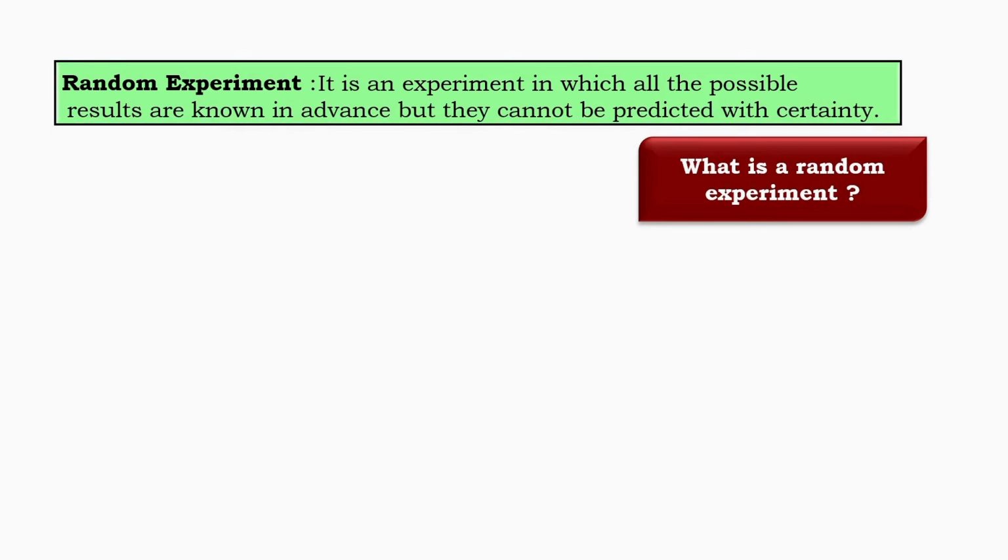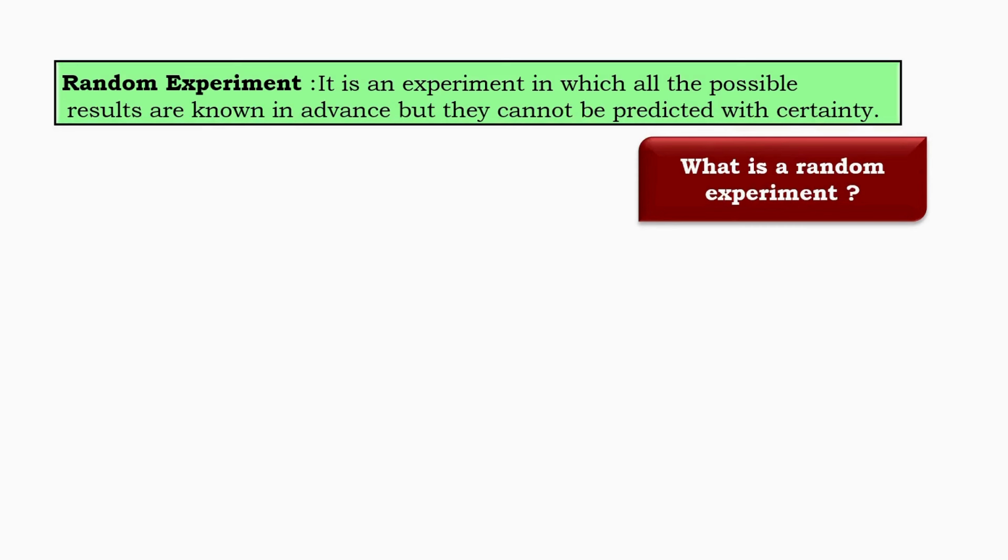Maybe if I ask you whether it will rain today or not, what are the possible answers? Yes, it could rain, or there will be no rain. So that means yes or no. Now whether it will be yes cannot be predicted with certainty, and whether it is no is also not predicted with certainty.